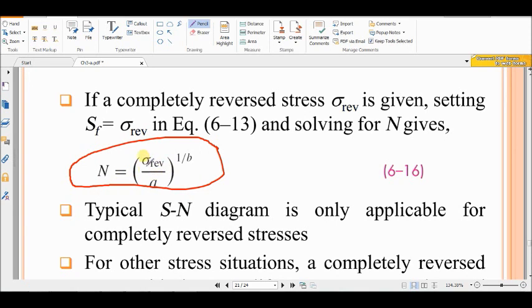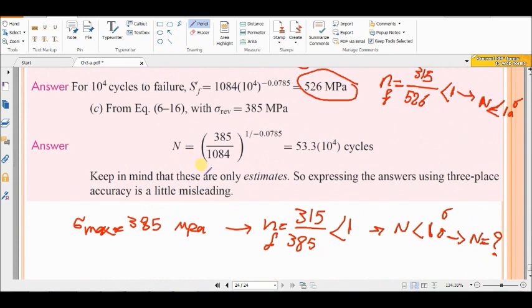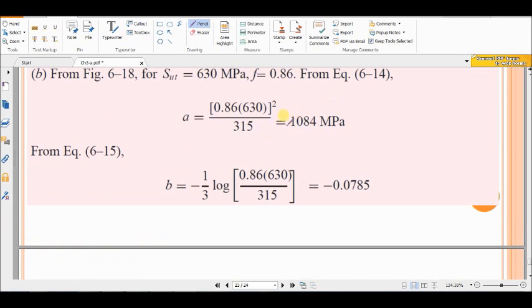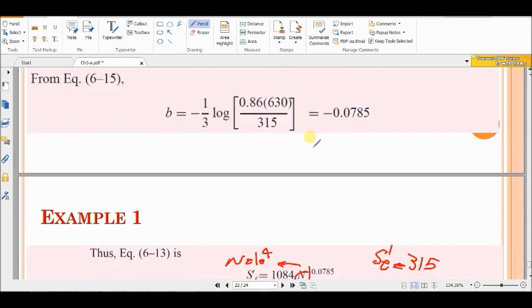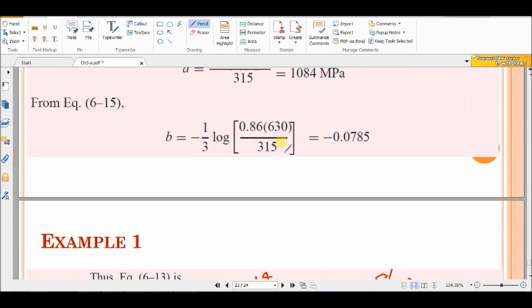n equals the maximum value of the complete reverse stress divided by A, power 1 over b. So how much was the maximum value? 385 divided by the value of constant A, which we found earlier, 1084, power 1 over b, which was equal to this.